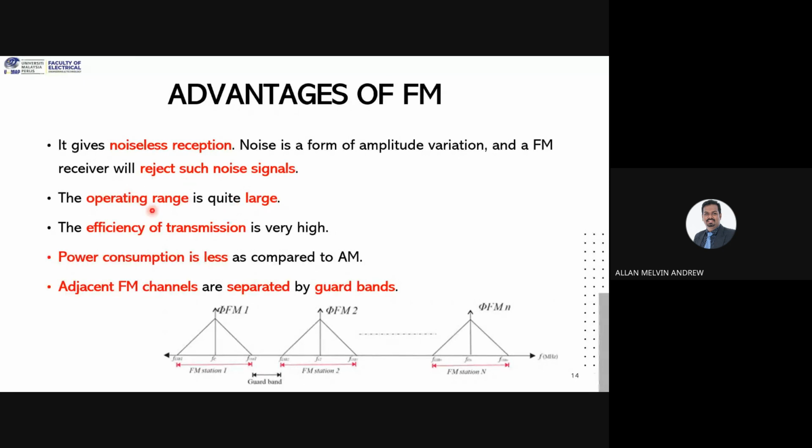So the operating range is quite high, and the efficiency of transmission is very high, because more information can be carried. The quality of the message transmission is quite good, so that's why we say it's highly efficient.